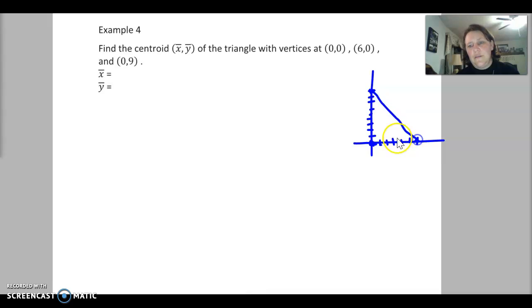Okay, so here's our triangle, and we want to find the center of mass of this triangle at x bar, y bar, so this whole thing.